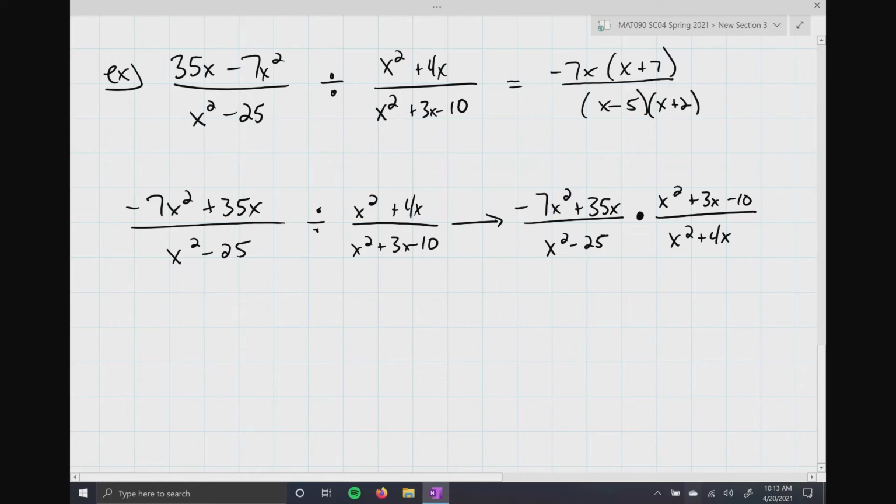Okay? Now it's factoring time. So for the upper left fraction, the negative 7x squared plus 35x, I'm going to factor out a negative 7x. That's going to give me x minus 5 left over in the parentheses. And the denominator, difference of squares: x plus 5 times x minus 5.